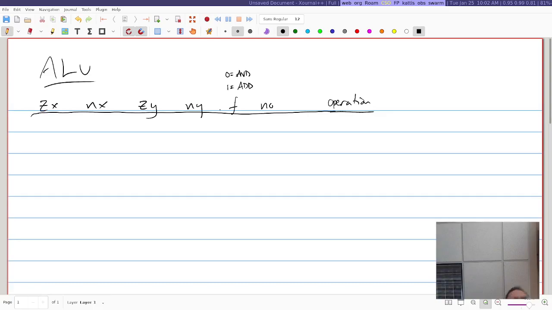But we already talked about obviously if all of them are 0, that just does and. I'll say x and y. If all of them are 0 except f is 1, that's just adding, that's x plus y. And then we also talked about if we negate x and y, and we do and, and then we negate the output, that gives us or.